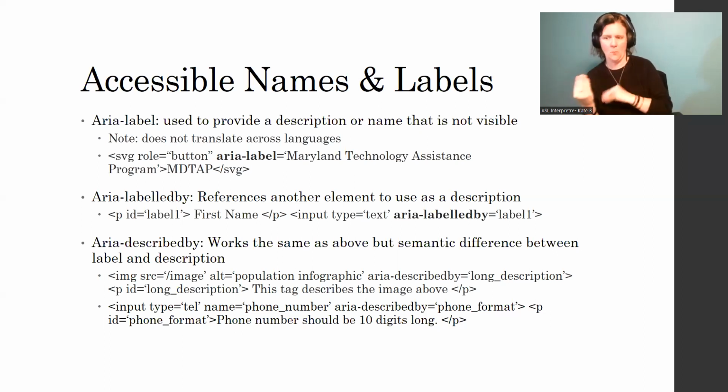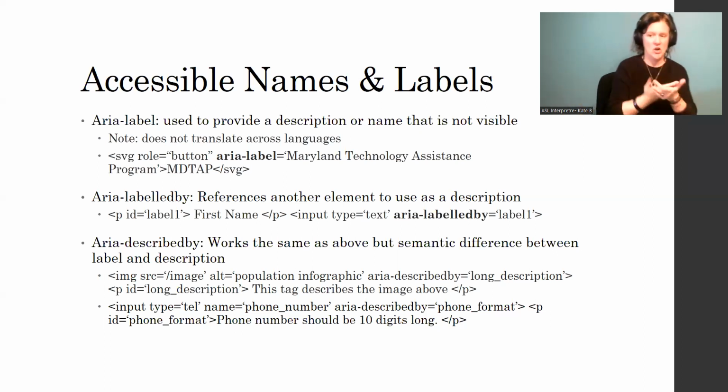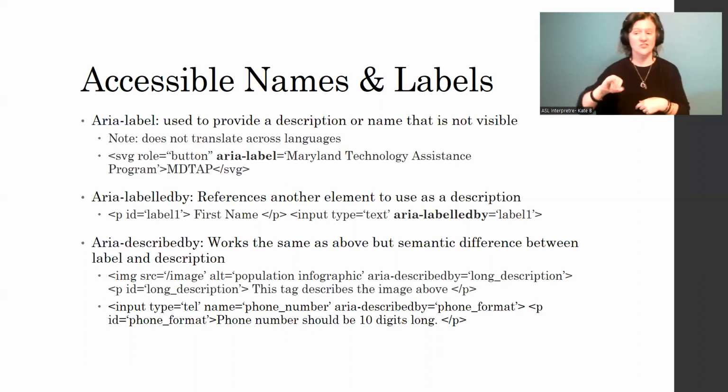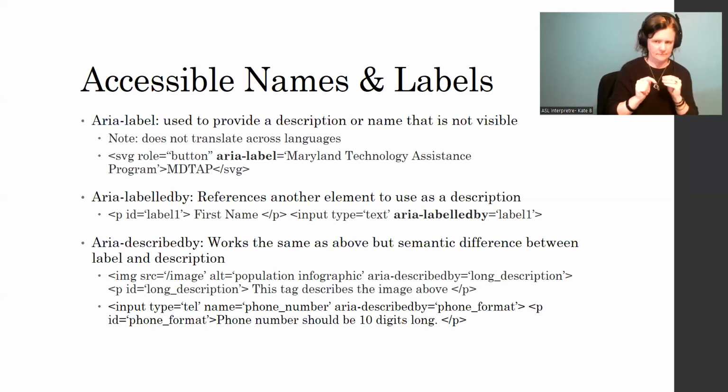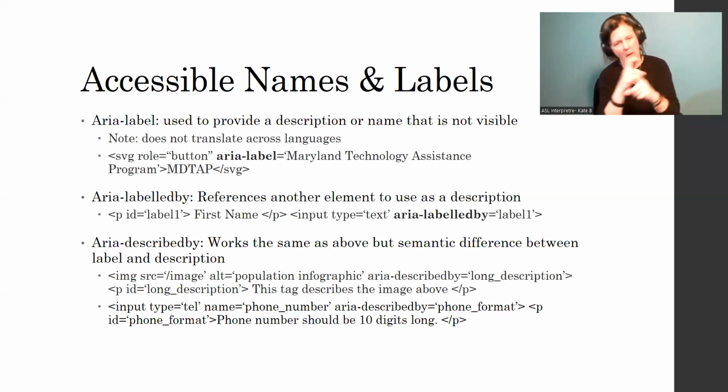The error validation kicks in, sends it back, and then JavaScript adds this paragraph and switches that ARIA described by on so that the error message gets associated with that. So a screen reader will go back to that input and hear phone number should be 10 digits long. There's a lot more to it, but that's the most common use of ARIA described by.